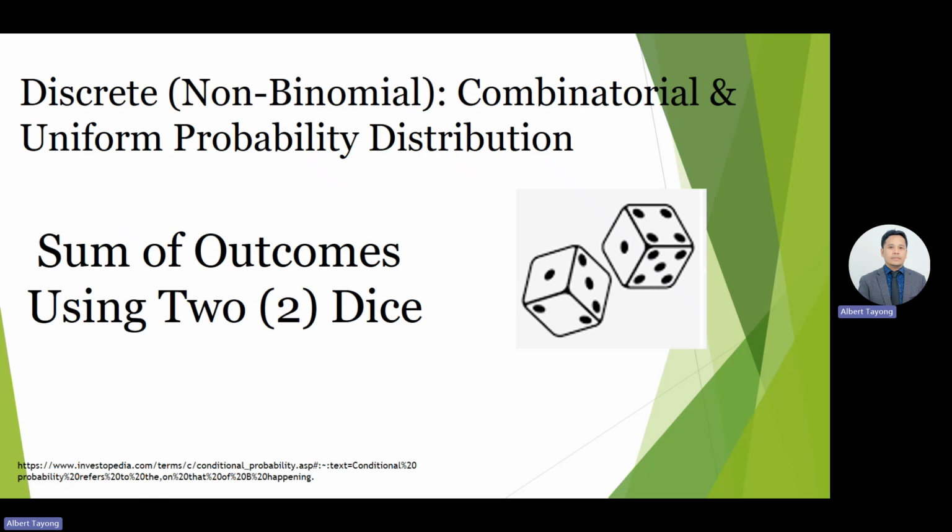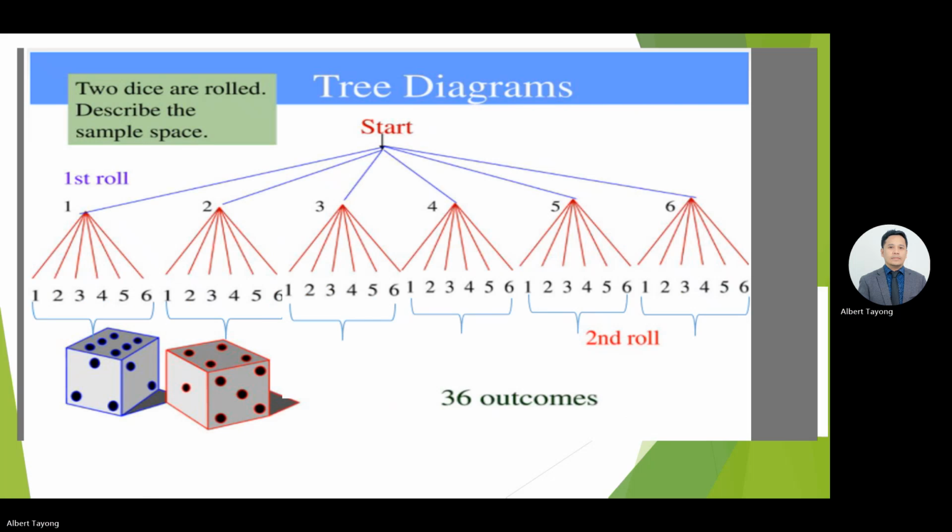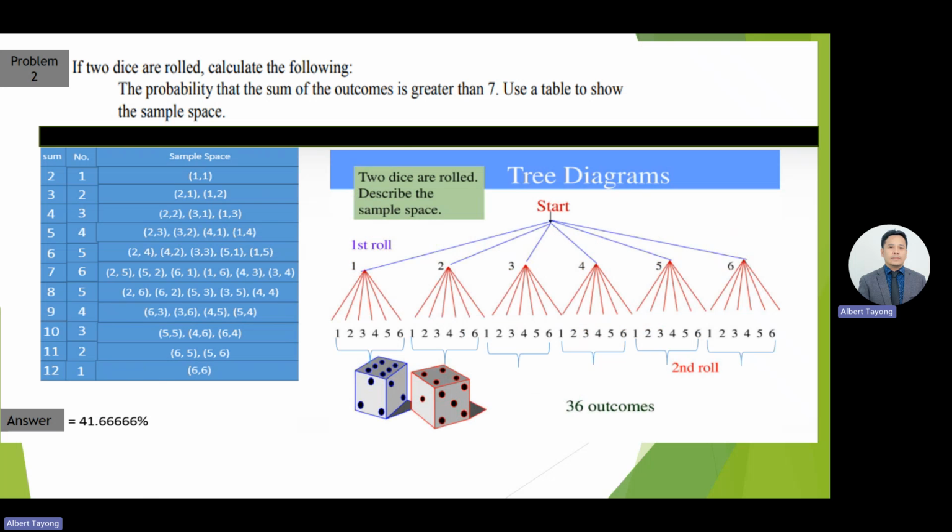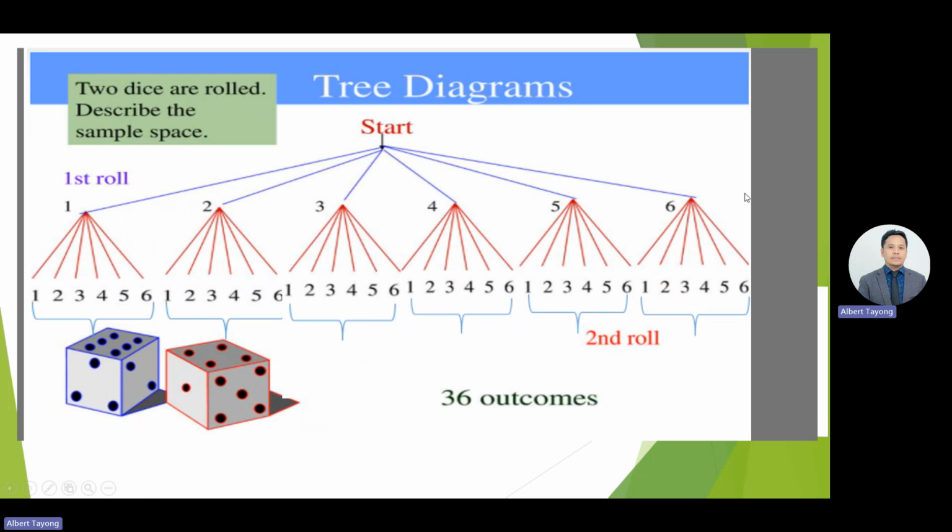All right, so let's now proceed to sample outcomes using 2 dice. Actually, when you talk about 2 dice, the total number of outcomes is 36, because the first die has 6 possible outcomes and the second die has also 6 possible outcomes.